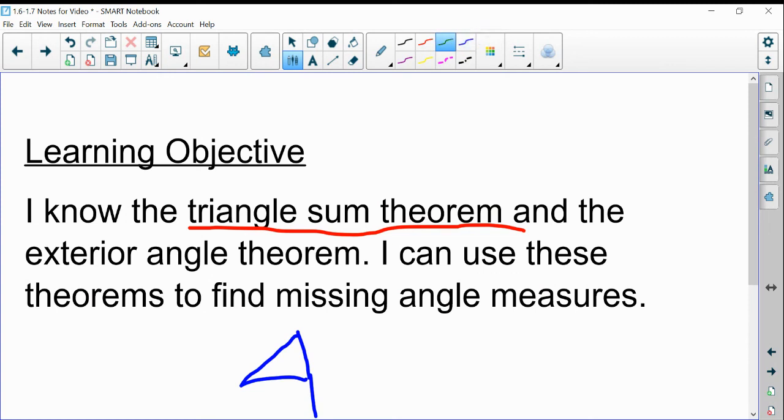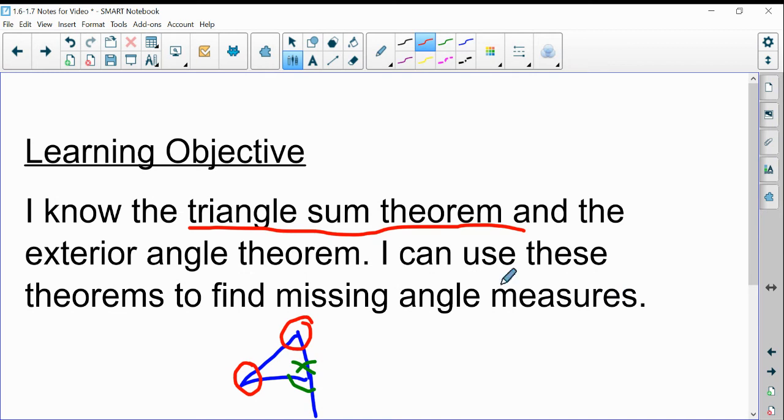So if I'm looking for this angle, it can't be the one that touches it. It would need to be the sum of the two non-adjacent, or remote, angles added together to give me this green exterior angle.